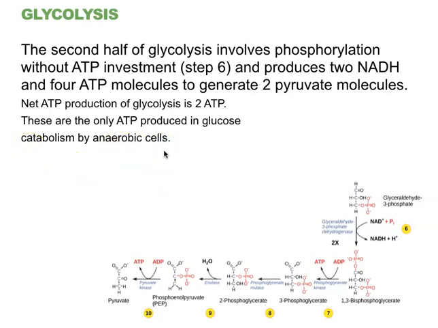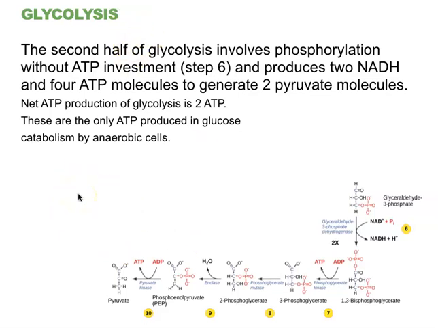We've gone from a 6-carbon structure to a 3-carbon structure. And the catabolism inside anaerobic cells would mean that you don't need oxygen at this point in time. You don't. Notice we've not used oxygen at all. That's really important, which means should oxygen no longer be involved, this would then go into fermentation.